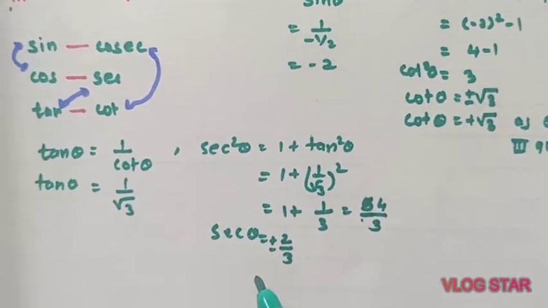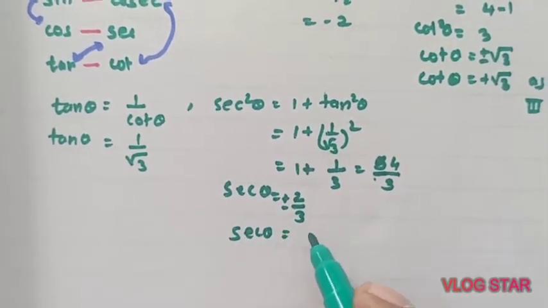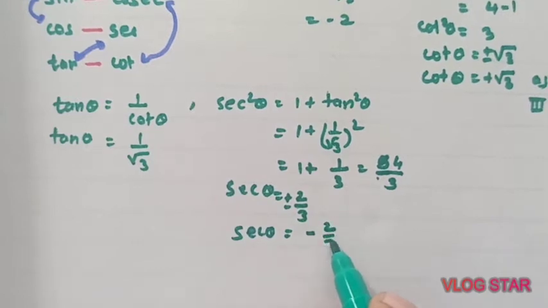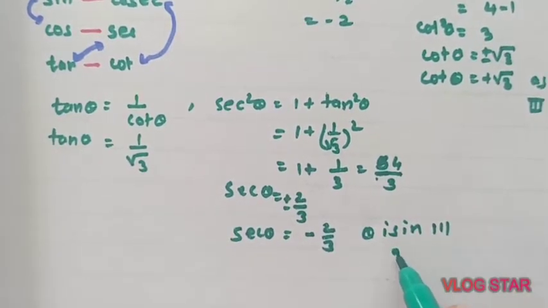So sec theta is negative 2 by root 3, as theta is in which quadrant? Third quadrant.